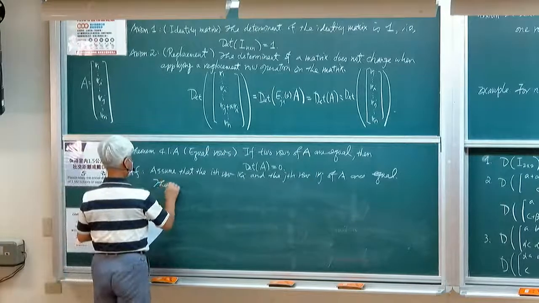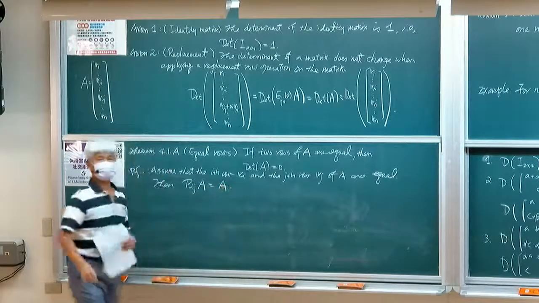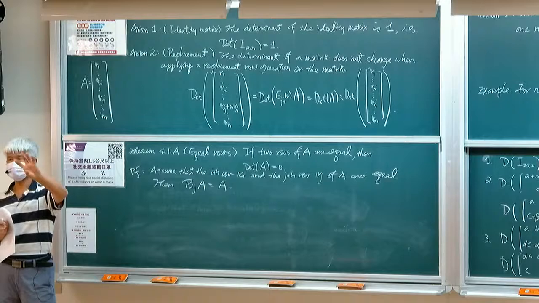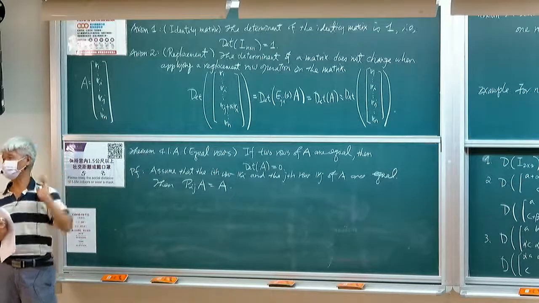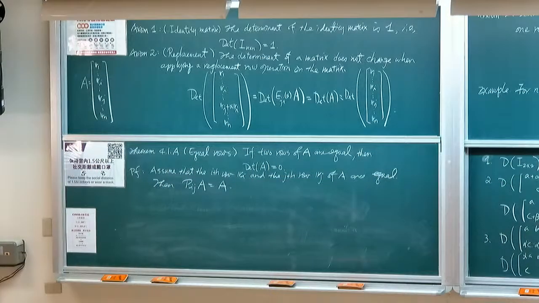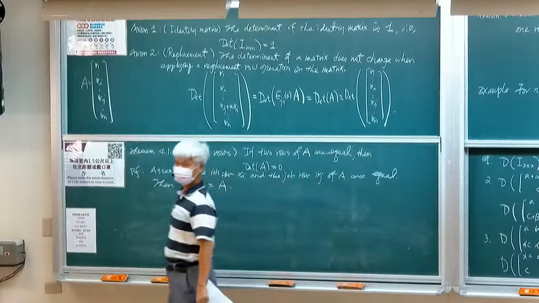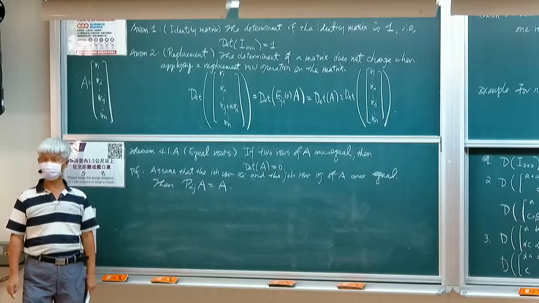Then Pij A should be equal to A. If you exchange these two rows, you will not change the matrix, right? Because they are equal. All right? So if these two rows are the same, you exchange them, it will not change the matrix A. Okay? So you have this identity. Questions?